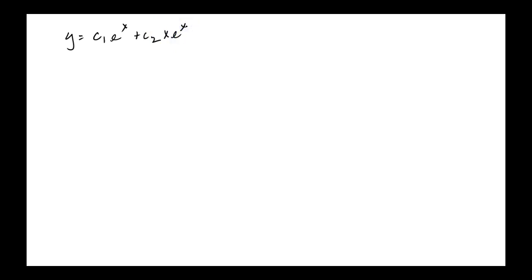Okay, two-parameter system. C1 is one parameter, C2 two parameter. These can be any numbers in the world, as long as they satisfy the differential equation.